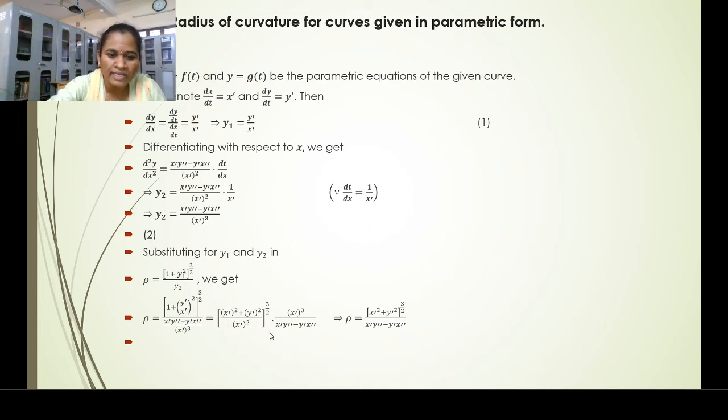On simplifying, x dash square and x dash whole cube get cancelled, and the numerator remains x dash square plus y dash square to the power of 3 by 2 divided by x dash y double dash minus y dash x double dash.